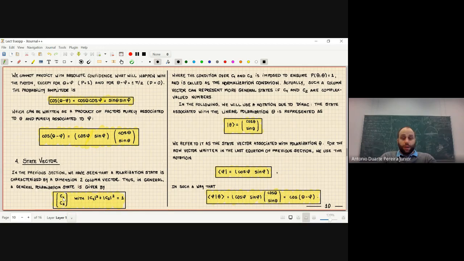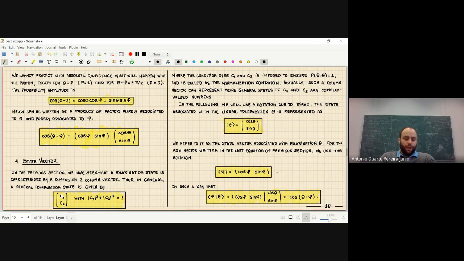But as we discussed, we can have vectors with more entries, and in particular we can have vectors with infinitely many entries. Since this state vector will be used in the future to compute probabilities, I am demanding that this vector has norm equal to 1.